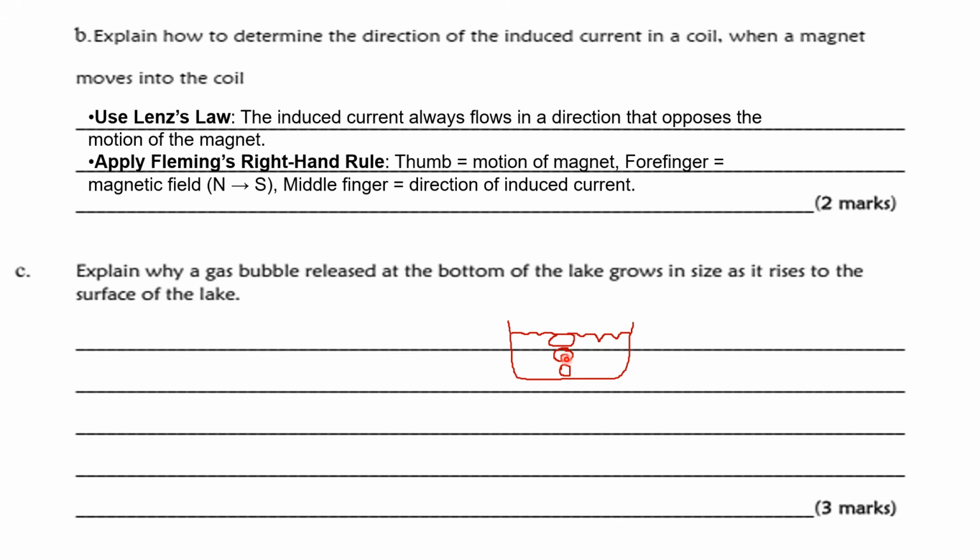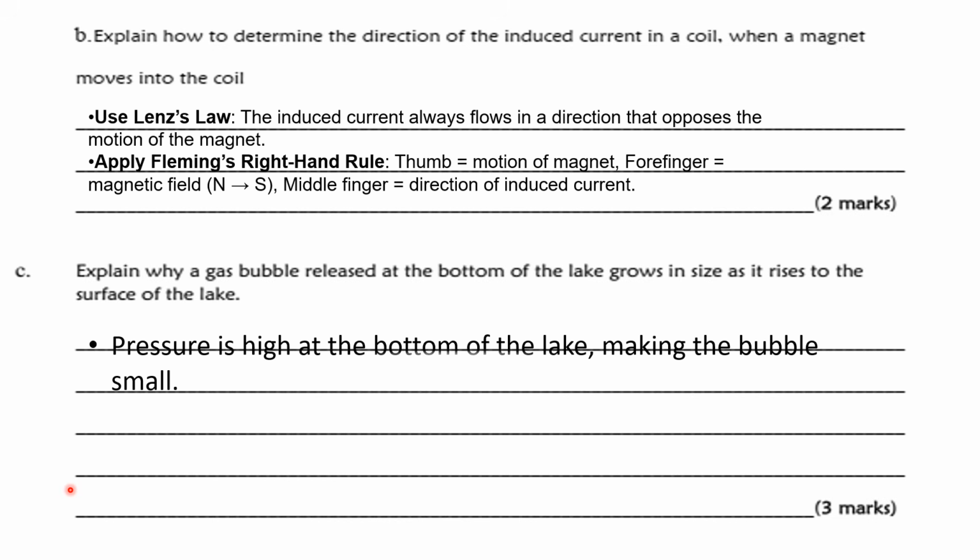But once it is released, the pressure of the lake due to the water in it is going to decrease. In so doing, the bubble is going to push outwards and get bigger again until it reaches the surface there. So 3 marks. What do they want you to do? It's not to draw, but to explain.